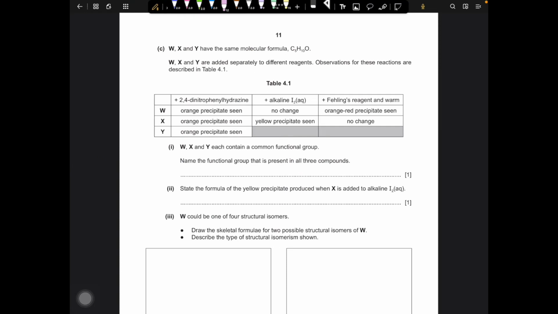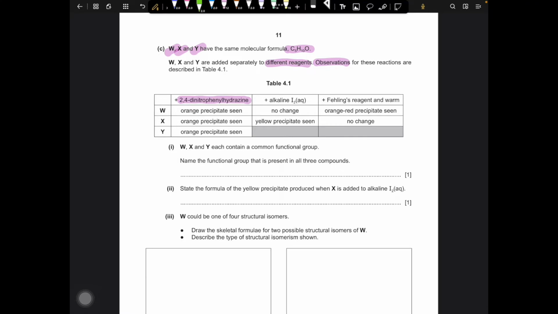In this next question, we have W, X, Y. They all have the same molecular formula, which is C5H10O. So they are added to a different reagent and they have different observation. So let's look into the first reagent, 2,4-DNPH.